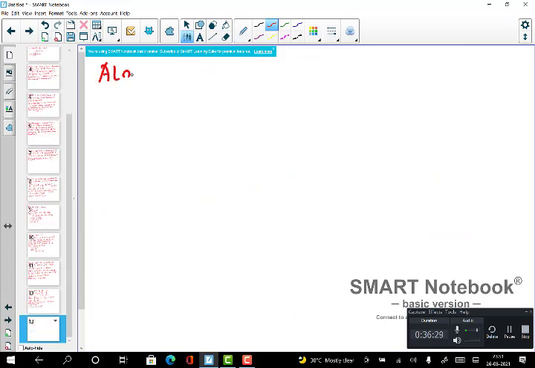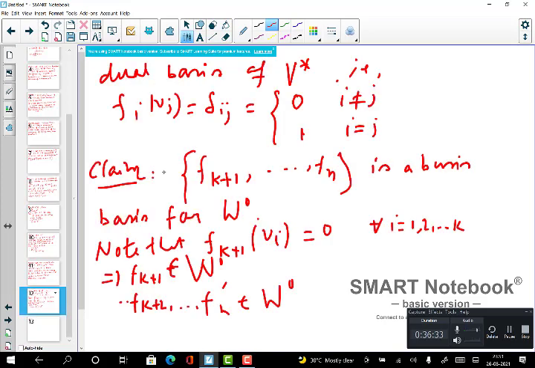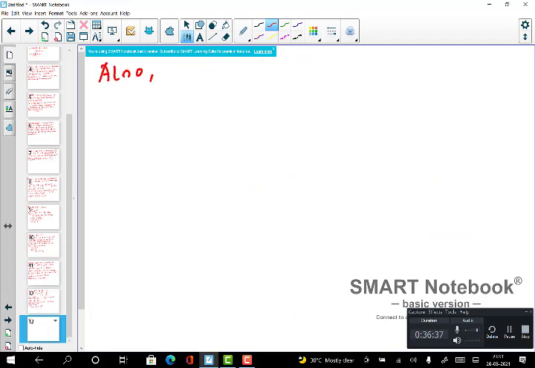Let me write down also the name. Let B dash be this set. Also B dash is linearly independent.